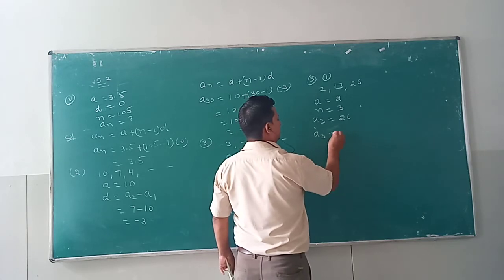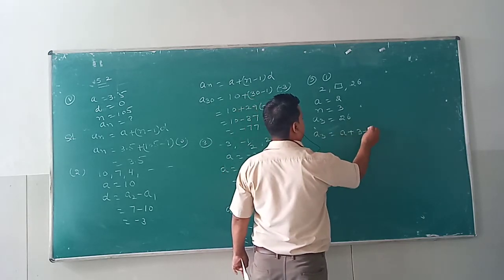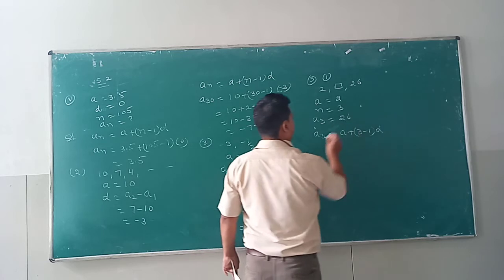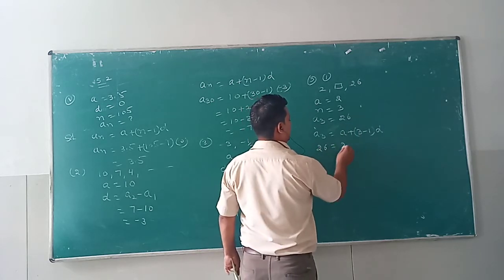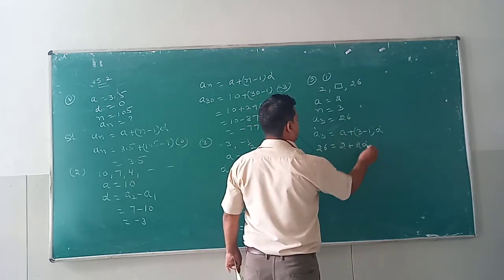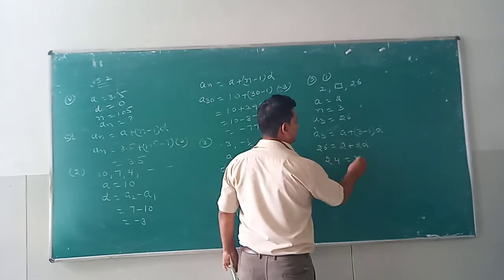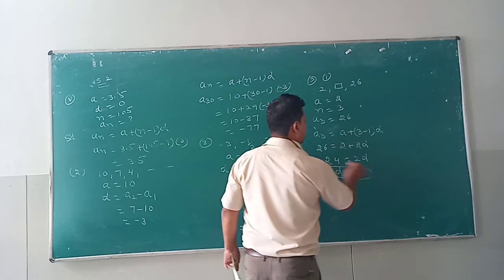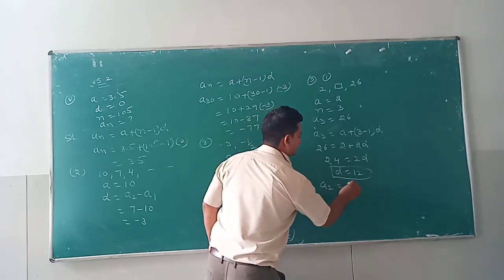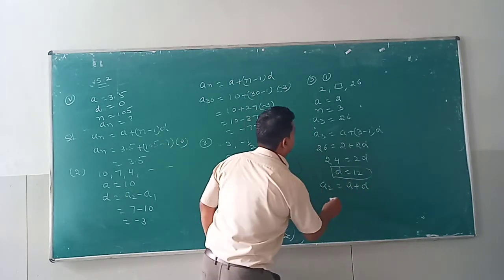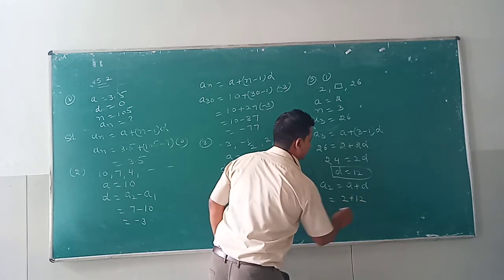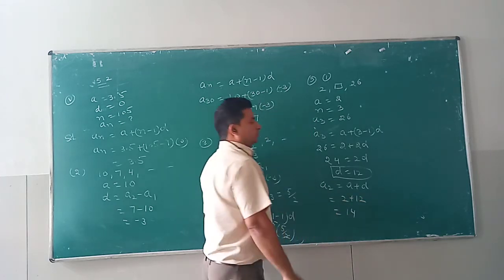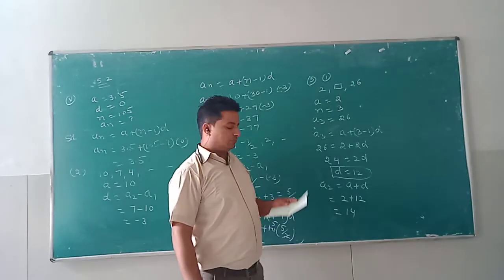So a3 is a plus 3 minus 1 into d. a3 is 26, equals 2 plus 2d. This is 24 equals 2d, d is equal to 12. And the second term is a plus d, which is 2 plus 12 equals 14. So 14 is the missing term of this AP.